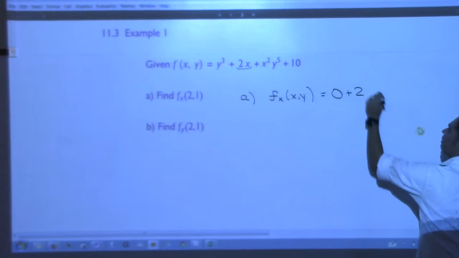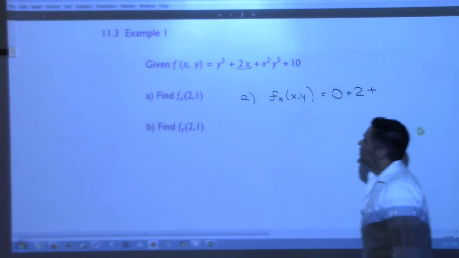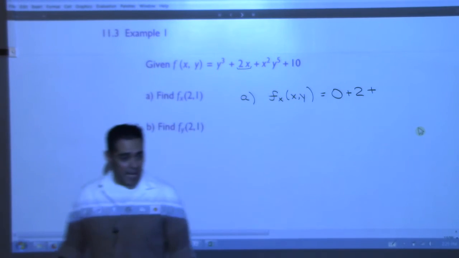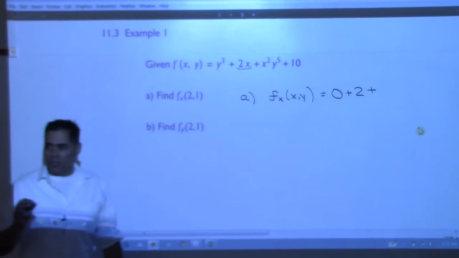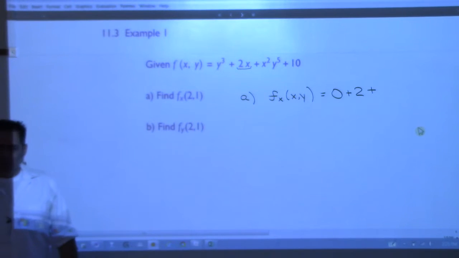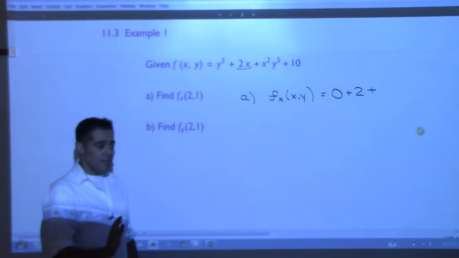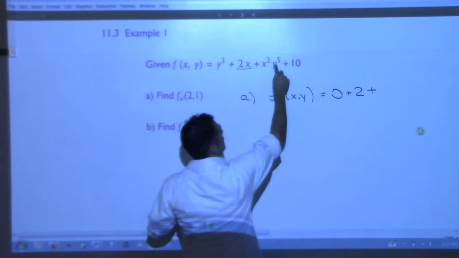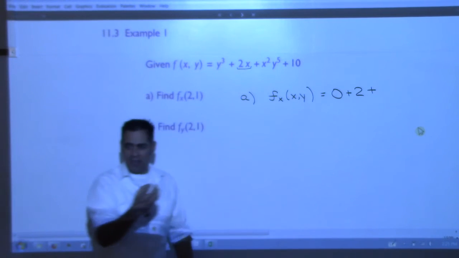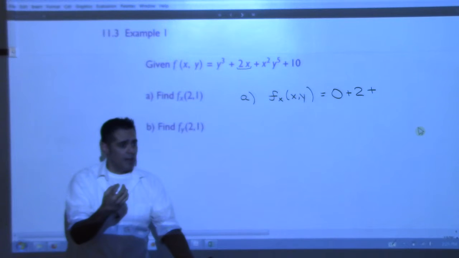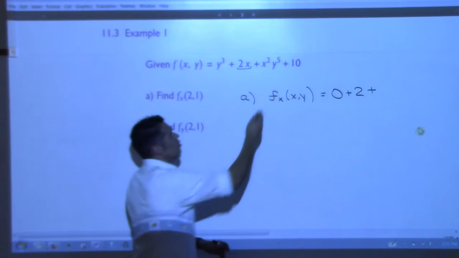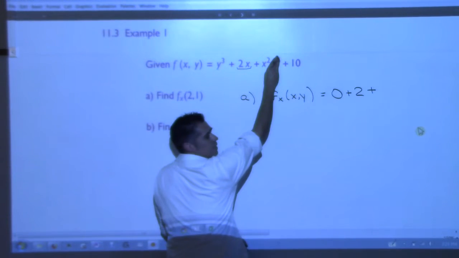Okay, now next part, plus 2x squared y to the fifth. Now, you might be thinking to yourself, product rule. But the thing is, y to the 5th is a constant, right? And constants, when we take derivatives, always just come along for the ride. So I'm just going to ignore the y to the 5th, and I'm going to take the derivative of x squared, which is 2x.